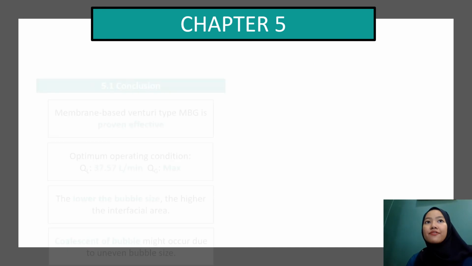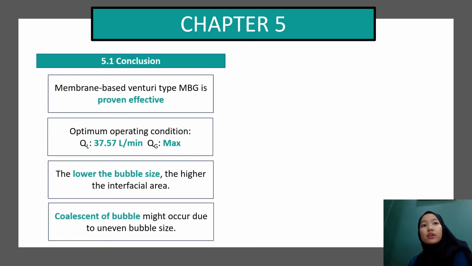Moving on to chapter 5. The first one is the conclusion. What I explained previously in the results and discussion section shows that the membrane-based venturi type MBG is proven effective. The optimum operating condition is at QL of 57.57 liters per minute and at maximum air flow rate. The lower the bubble size, the higher the interfacial area.